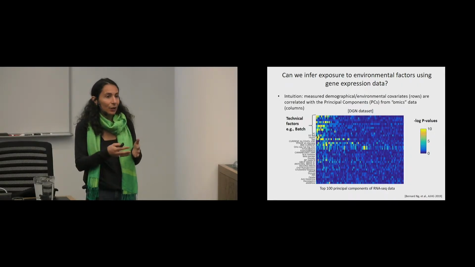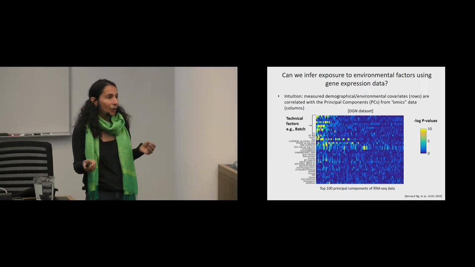If you then take your top principal components from the gene expression data and you correlate those with known factors, for example, batch effects or technical factors, or even things that are measured like gender, age, and maybe medication intake, you often see that your top principal components correlate strongly with some of these factors.